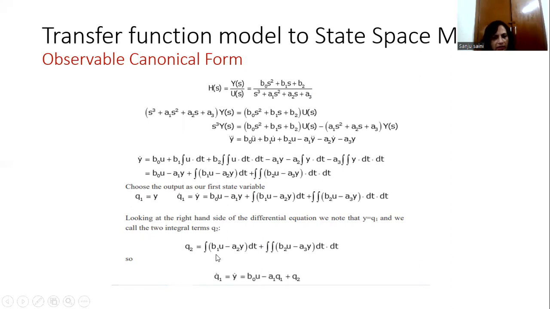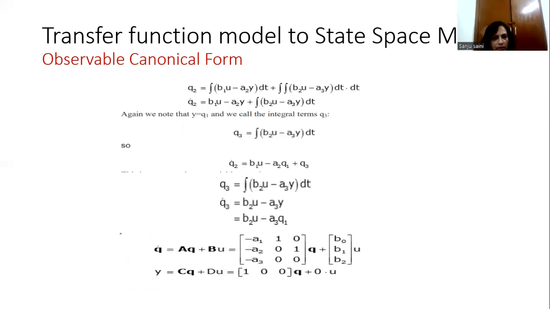Similarly, we can write down the equation of q2 in this form. Then we can get the value of q2 dot. Then we have written the equation of q3 in this form, and then we can write down the value of q3 dot. Once we have the values of q1 dot, q2 dot, and q3 dot, we can identify q dot, and we can use the equation to get the A matrix, B matrix, C matrix, and D matrix.